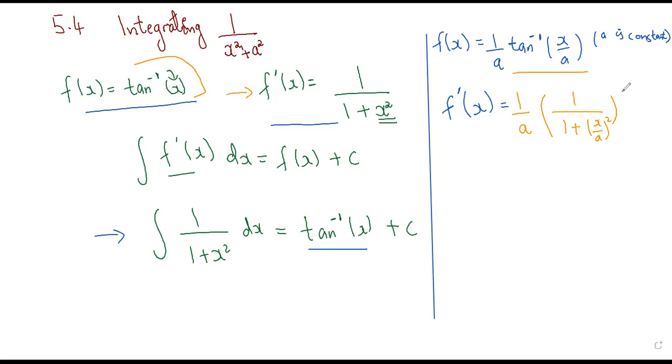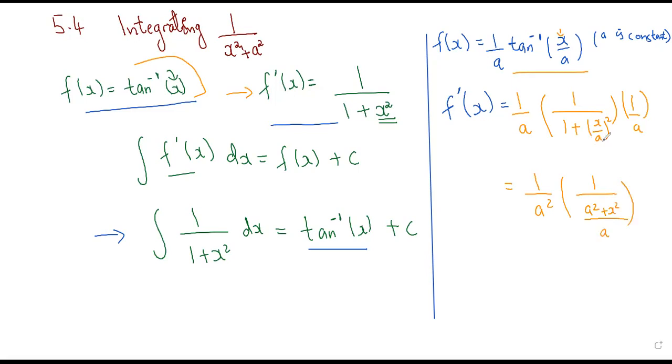We need to write the derivative of the inner function, that is 1 by a. So this would be 1 by a square, and this would be 1 over a square plus x square by a square.